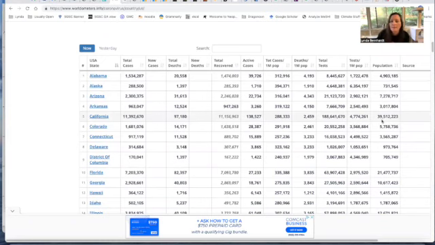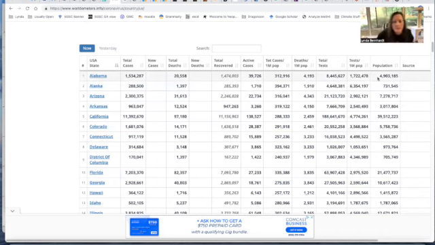And then you might compare it to, well, we'll just do Alabama. You look at California with over 11 million cases, and then Alabama with 1.5 million cases. California clearly is going to look worse, but look at their populations, 39.5 million versus just under 5 million. That's a big difference.